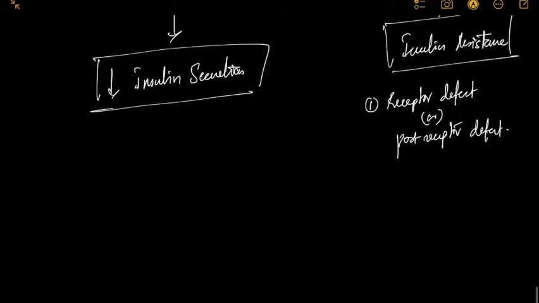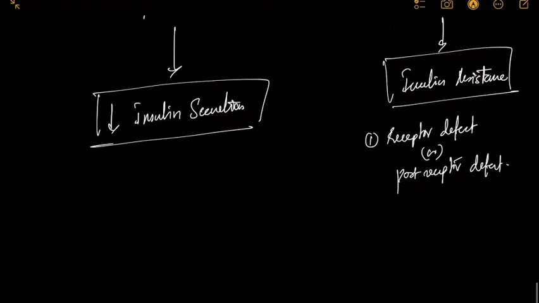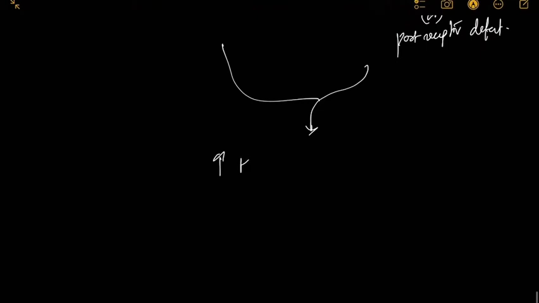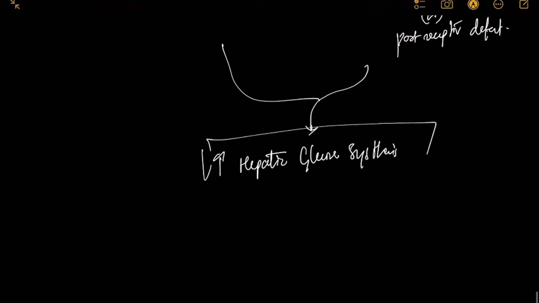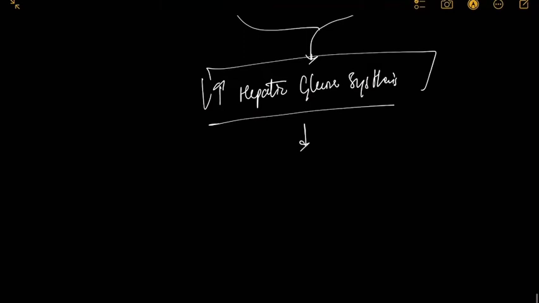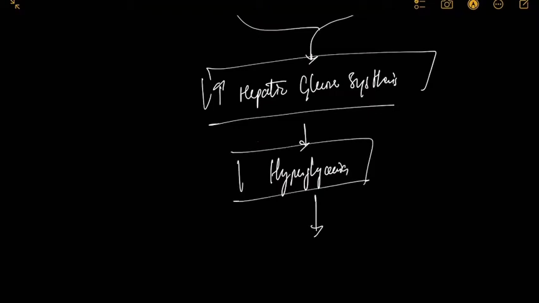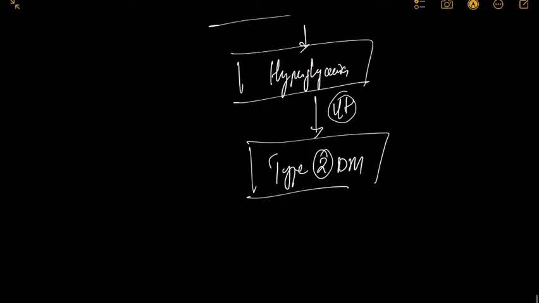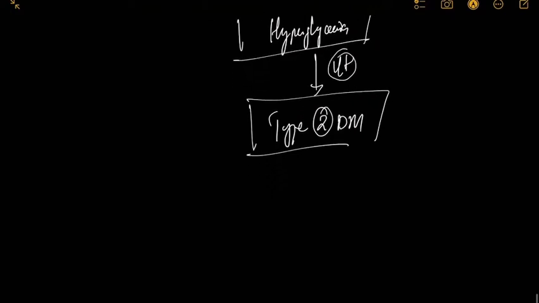Now all of these conditions lead to increase in hepatic glucose synthesis, which leads to increase in blood glucose level, that is hyperglycemia, leading to type 2 diabetes mellitus. So that was the pathogenesis of it.